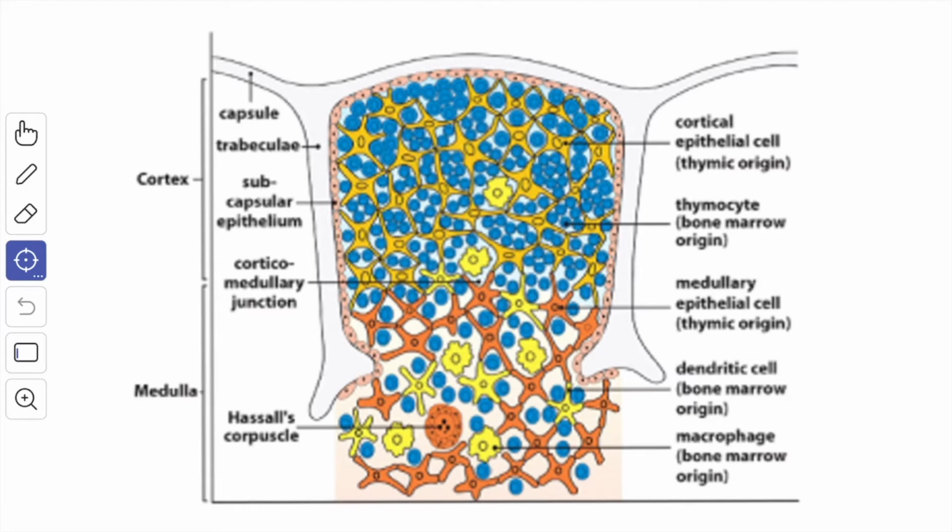In the cortex of each lobule of the thymus, the reticulum formed by the epithelial cells is densely packed with lymphocytes. Stem cells formed in the bone marrow travel to the thymus. Here they come to lie in the superficial part of the cortex, and they divide repeatedly to form small lymphocytes.